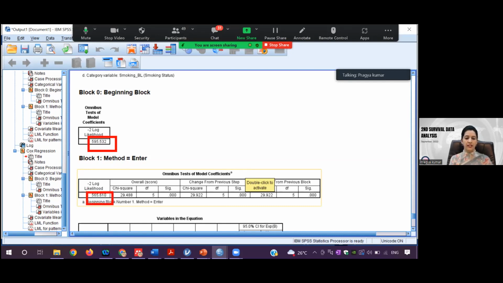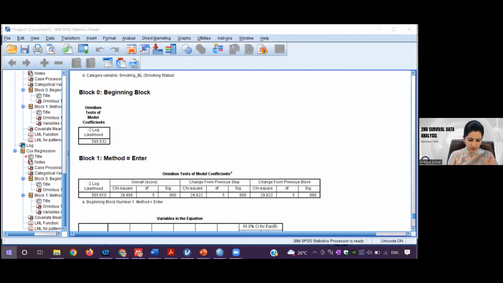And please add 565 plus this 29.48. Please add, all of you. What is the value? 565 plus 61 plus this 29.48.